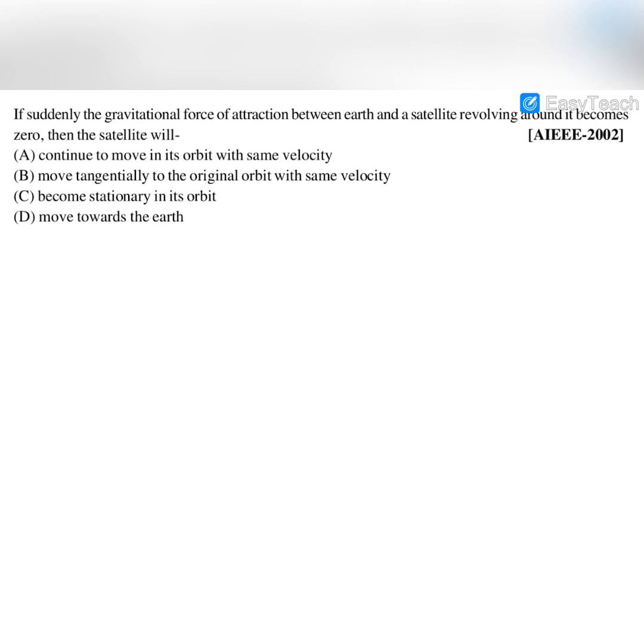So if the gravitational pull of Earth suddenly vanishes, then that satellite would move in the tangential direction. If it is revolving like that, then at this position, if its gravitational field vanishes, then it would move like that. So the correct answer will be it would move tangentially to the original orbit with the same velocity.